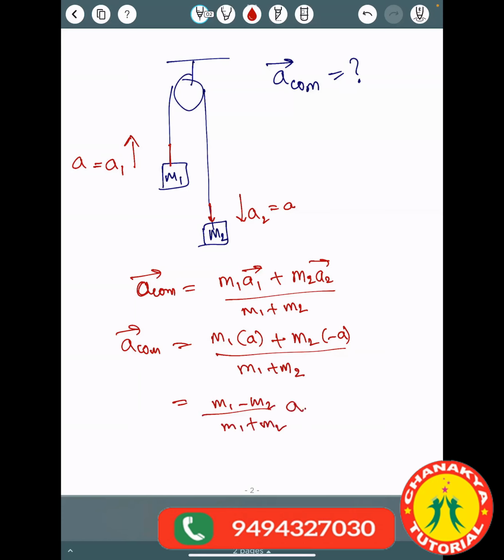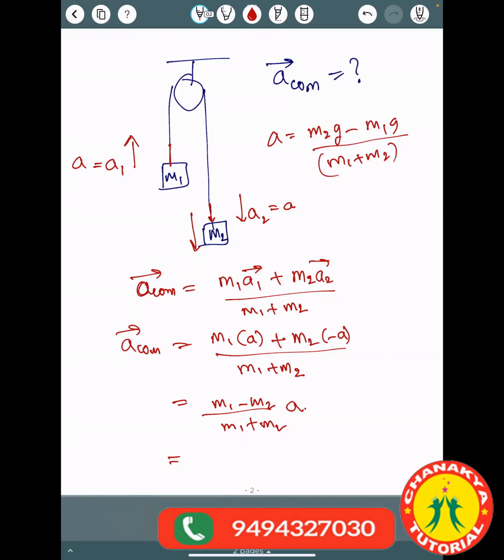But what is this a? That we learnt in Newton's laws of motion. To calculate acceleration, simply the supporting force is m2 g minus the opposing force m1 g, divided by total mass. This is my acceleration, so I will put it here.